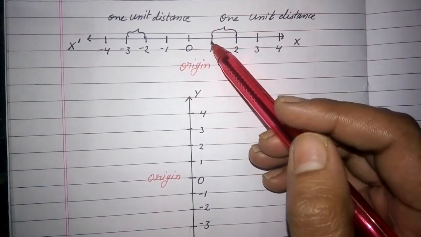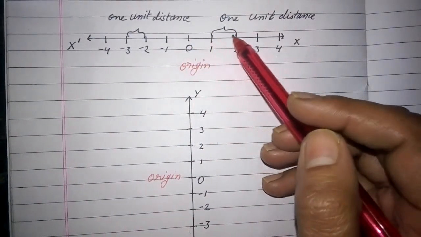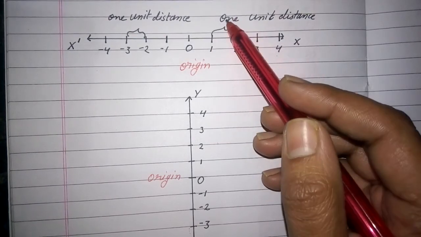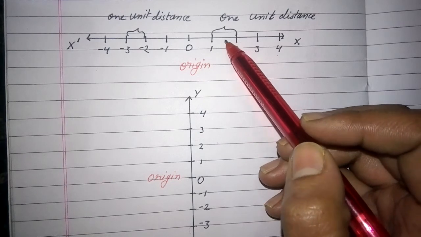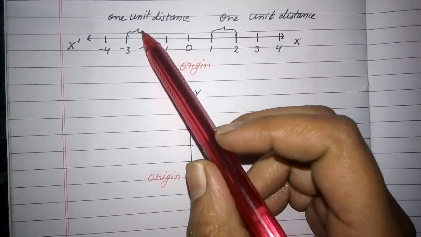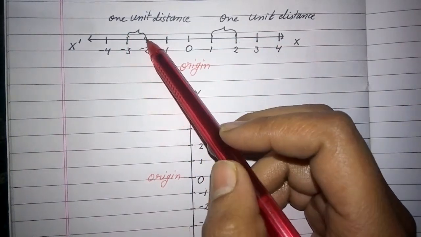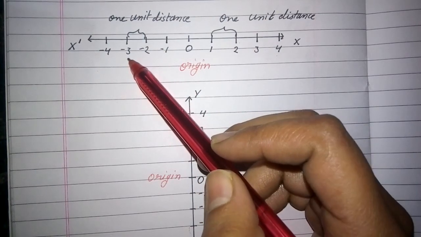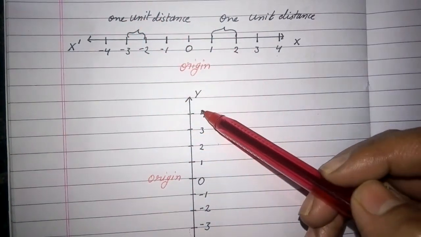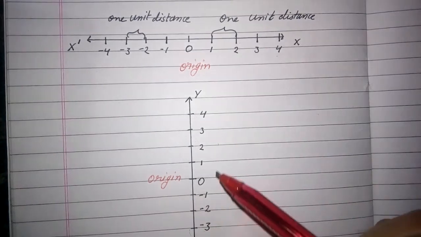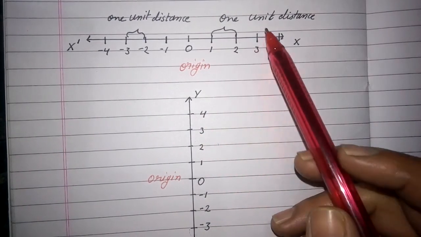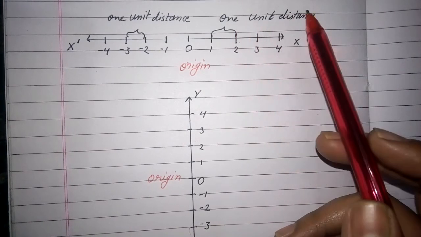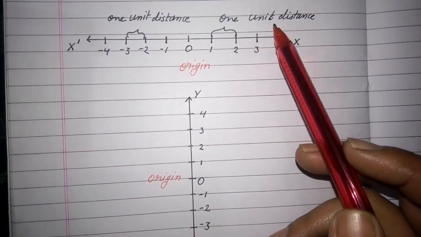The distance between two consecutive points is 1 unit distance, and it is always equal between two consecutive numbers. Same here, the distance between the integers minus 2 and minus 3 is 1 unit. In a vertical number line also, the distance between two consecutive numbers is always equal, and it should always be 1 unit, or 1 square unit in the graph.